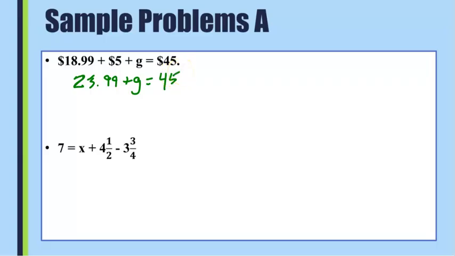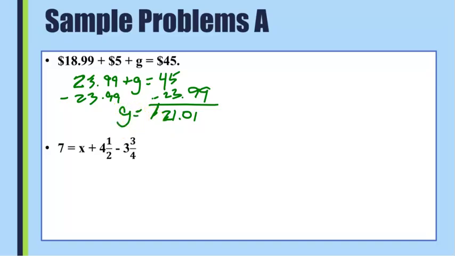Now the opposite of adding $23.99 is subtracting $23.99. So I'm going to do that on both sides. And we have 45 minus $23.99 gives us $21.01. So that's what G would equal.